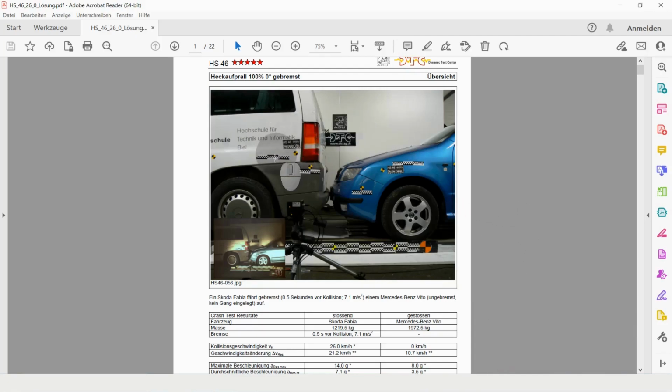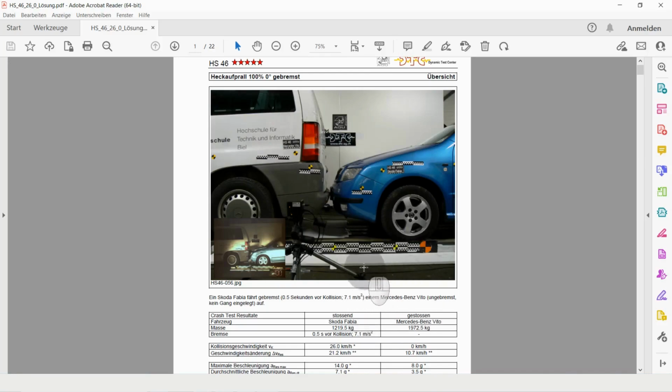So what we have here is on the right hand side in blue a Skoda Fabia, and on the left side a Mercedes Vito. And the Mercedes Vito is not braking while the Skoda Fabia is fully braking.